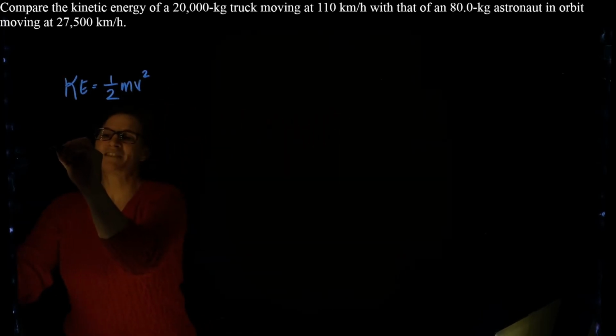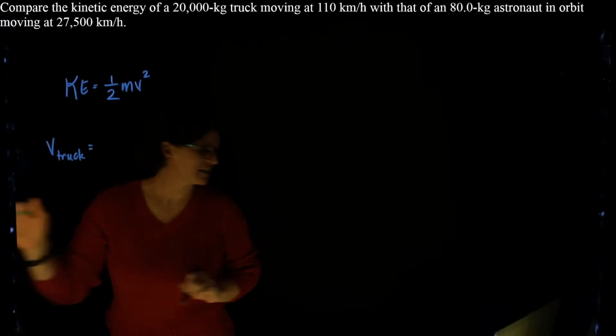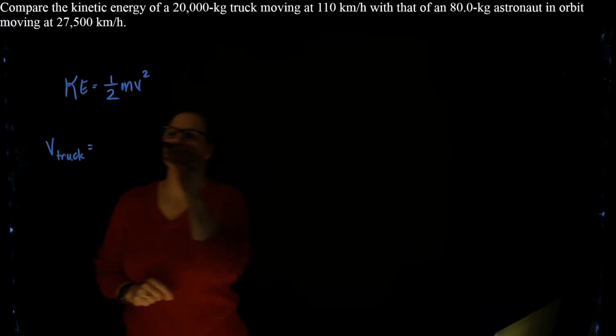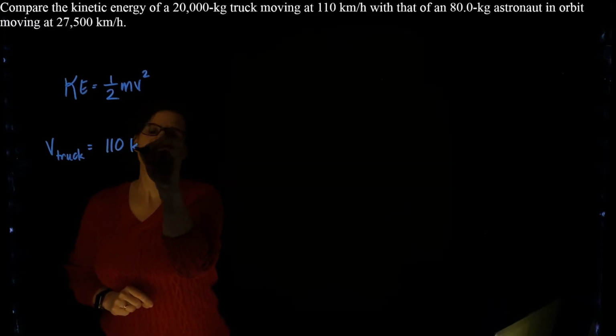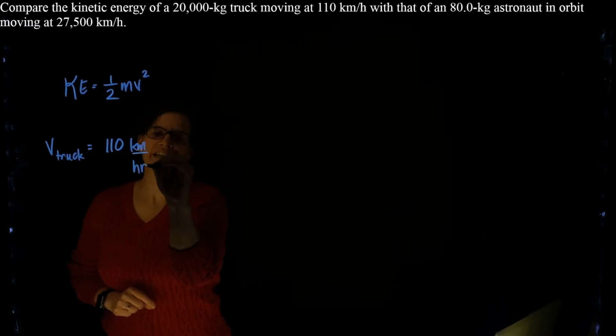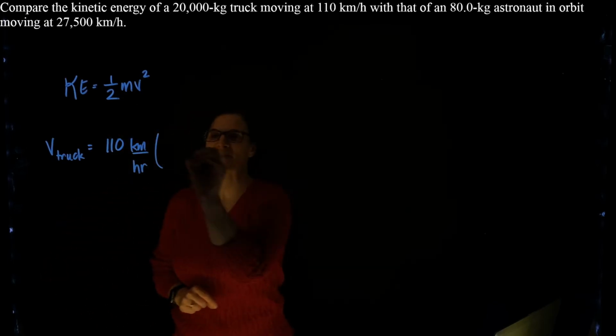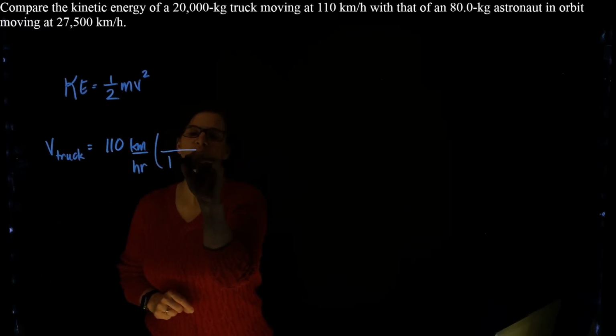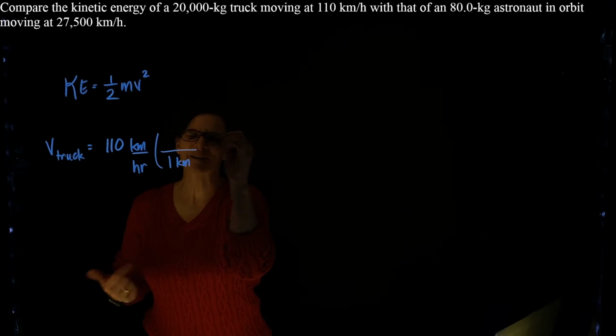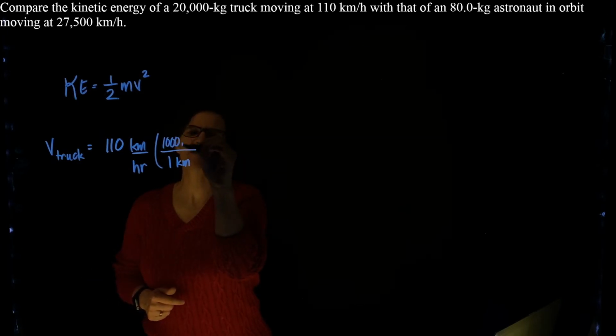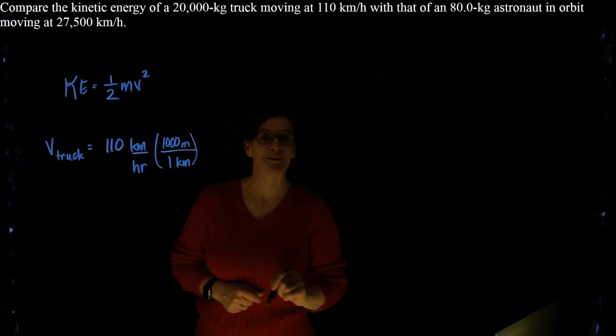So we're first given the speed of the truck, and the speed of that truck is given to us as 110 kilometers per hour. And I need to convert that to meters per second. So I know that there is 1 kilometer. In 1 kilometer is 1,000 meters, so that gets my meters in the numerator of my unit.